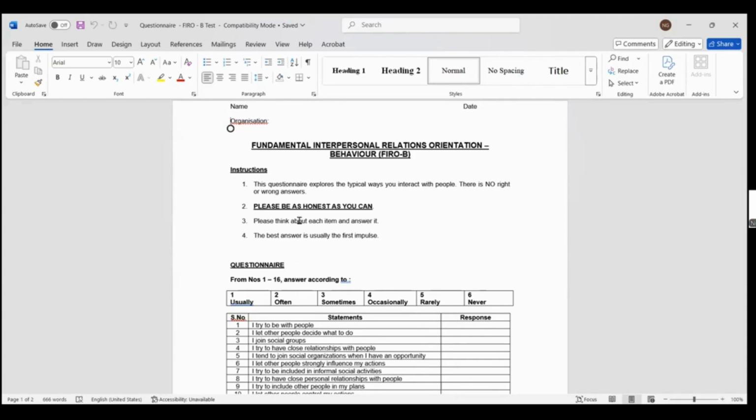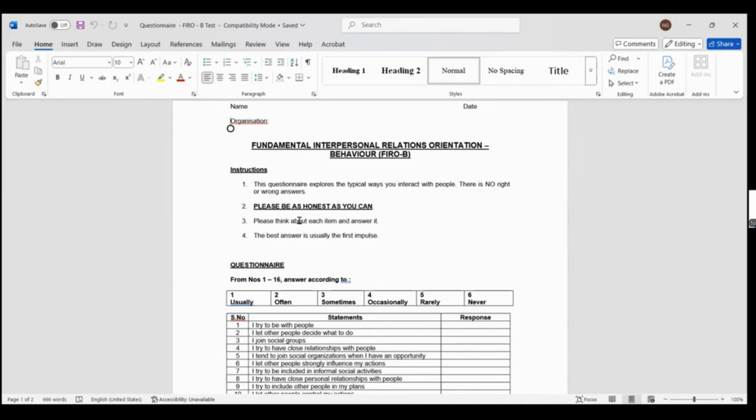But I will help you. I will give you certain instructions. Go back and fill this questionnaire and send it to Vilma. All right. And you would get a score and a detailed report as to where you are in these aspects of inclusion, control, and affection on two aspects, that is expressed and want.